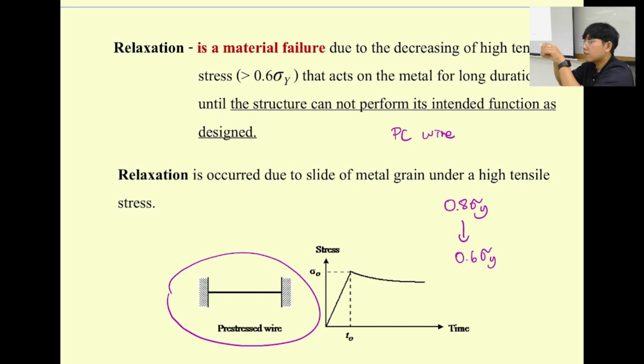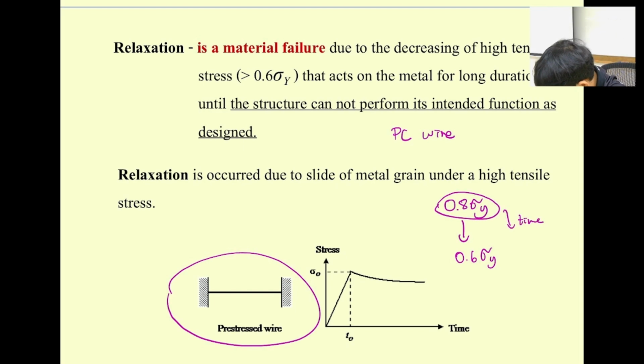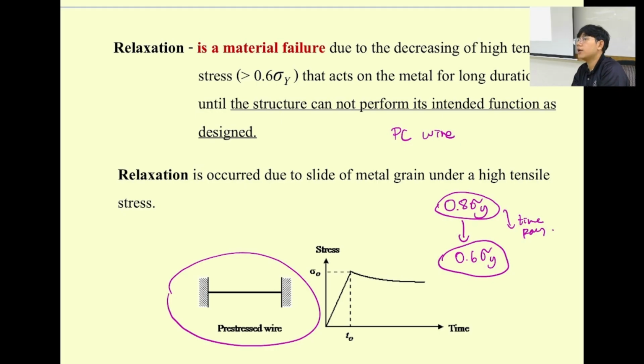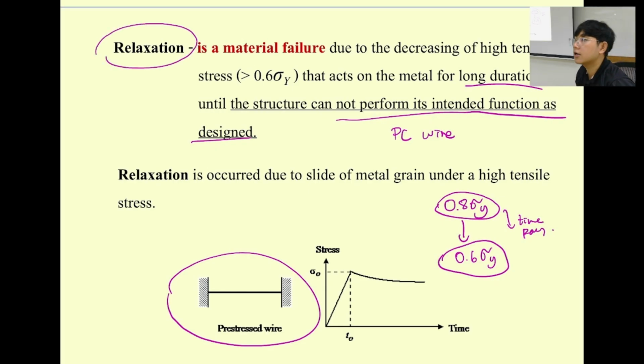The grain of the PC wire itself tries to adjust itself naturally. So when we pull it to 80 and time passes, it tries to adjust itself down to about 0.6 sigma y. Which means, over a long duration, the structure cannot perform as designed. So we call it relaxation.